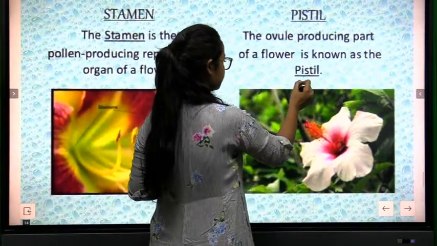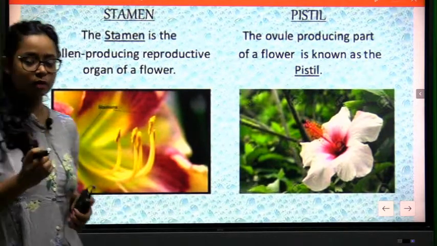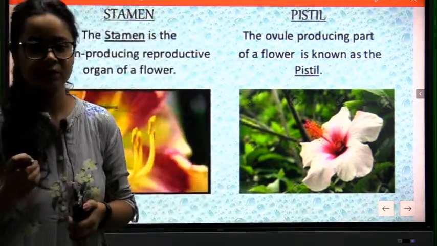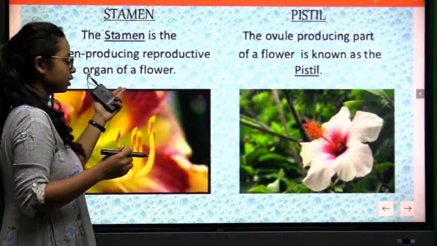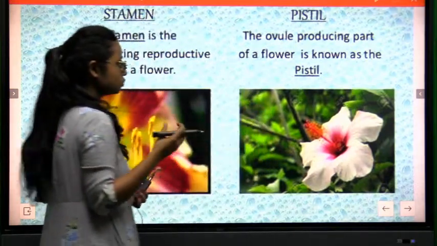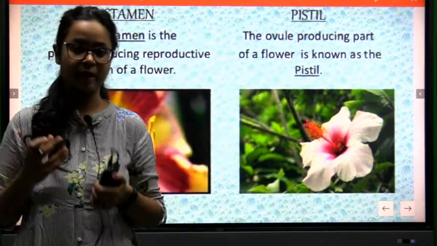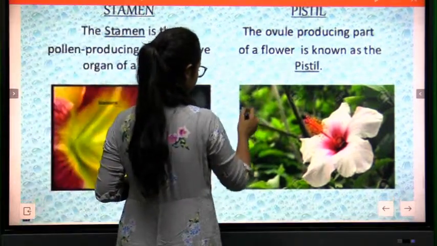That part is called pistil. What is a stamen? Stamen has small pollen, small ball-like structures present on a flower. This is a reproductive organ of a flower, and the pistil, an ovule producing part, is the part from which the flower is actually produced.